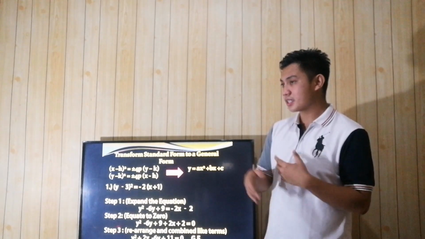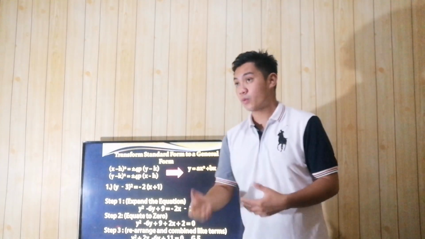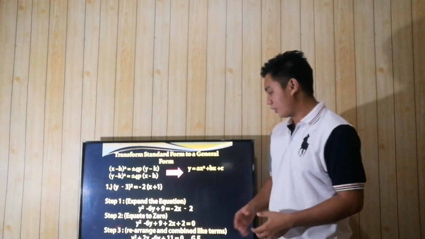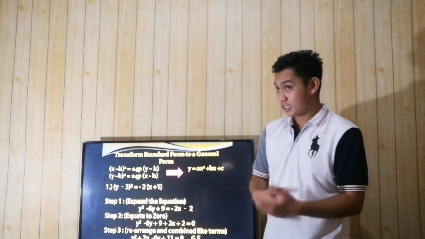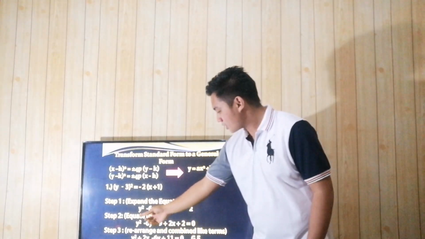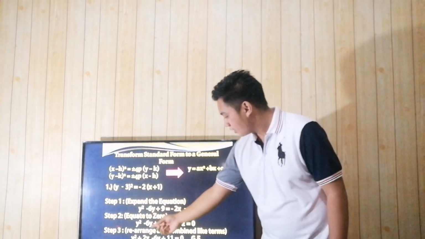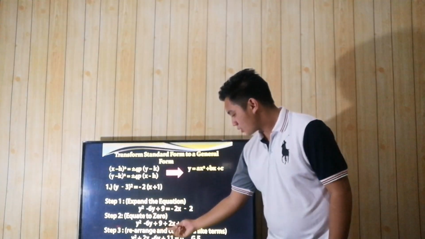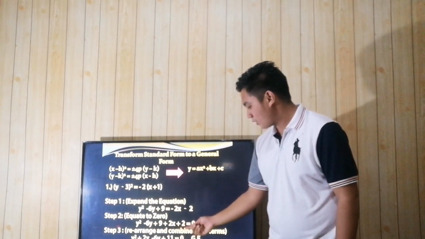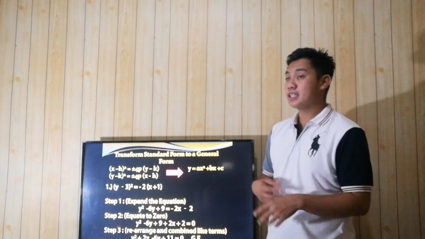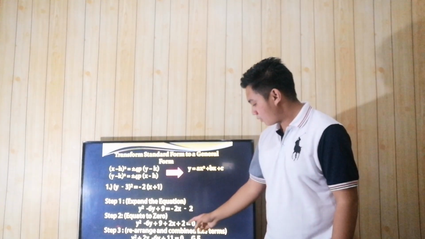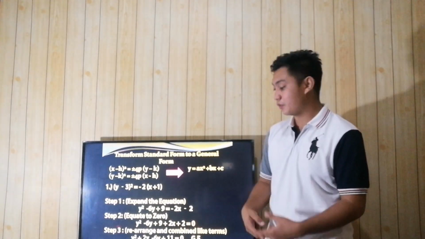Okay, now, anong step to ngayon? I-equate natin siya into 0. So, we have y squared minus 6y plus 9 plus 2x plus 2 is equal to 0. Pag ang mean na i-equate siya na 0 is dapat may equal to 0 na siya dito. So, ano ang gagawin natin?